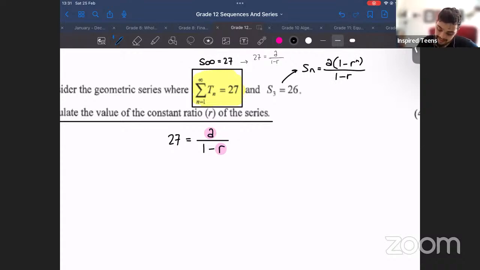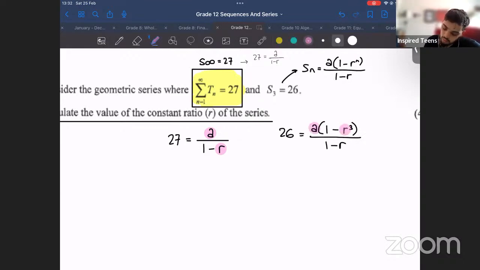So 26 is equal to a, which is unknown, times 1 minus r to the power of n, which is 3, divided by 1 minus r, which is unknown. So here we have two equations with two unknowns.